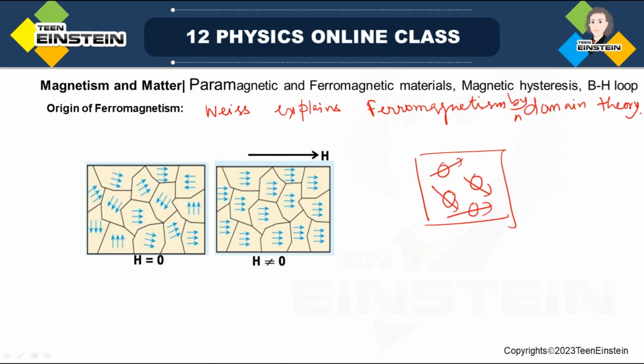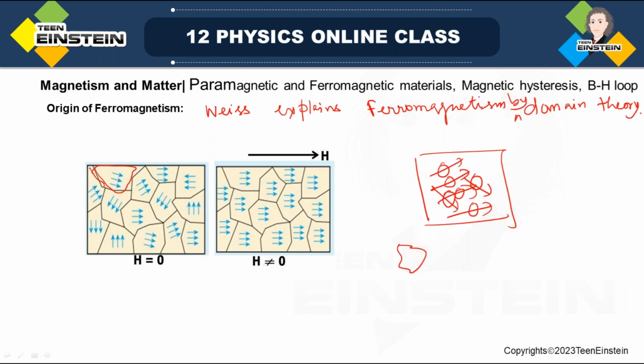They go together. Inside a magnetic material, according to Weiss, there are small macroscopic regions where these atomic dipoles are very cooperative and orient themselves in a particular direction. This is a region where three atomic dipoles are orienting in this particular direction.